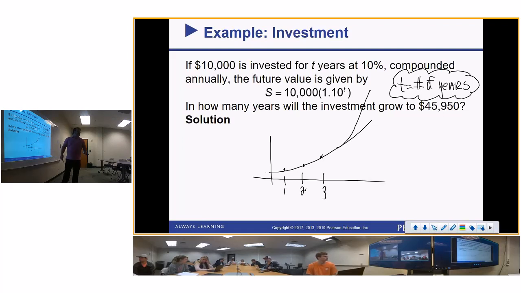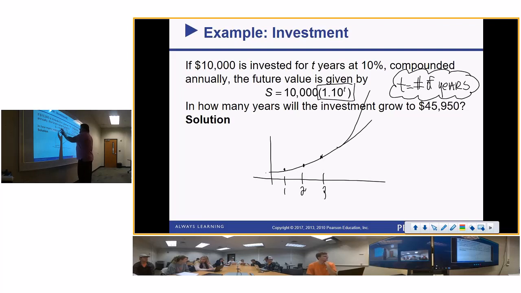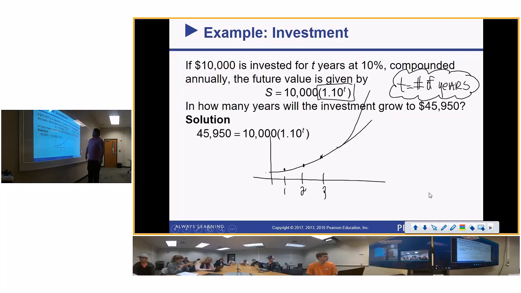You got to do what's in the exponent first. So you type in 10,000 times, parentheses, 1.10, the caret symbol, x power, close parentheses. And that's going to give you a function that looks like this.